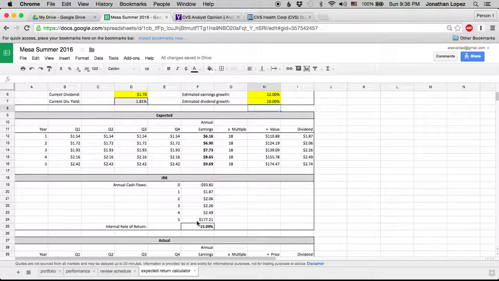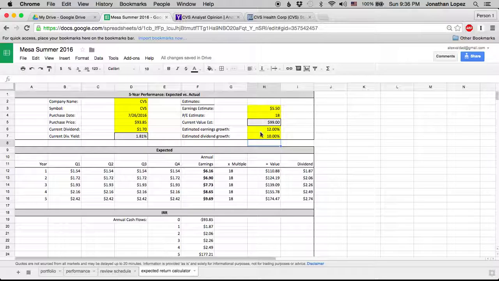I have a positive cash back of 177.21. So the IRR on that 93.85 investment with these cash flows would be 15.09%. That's what I would expect if these estimations were true.